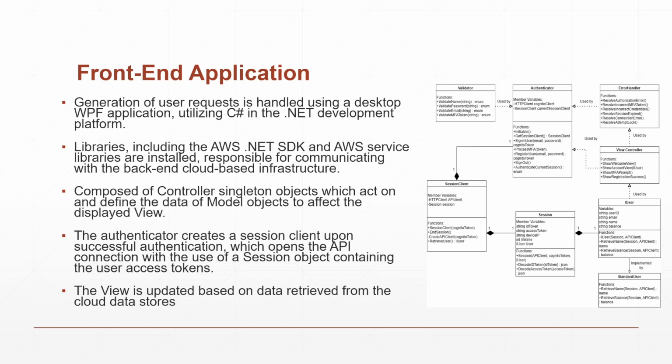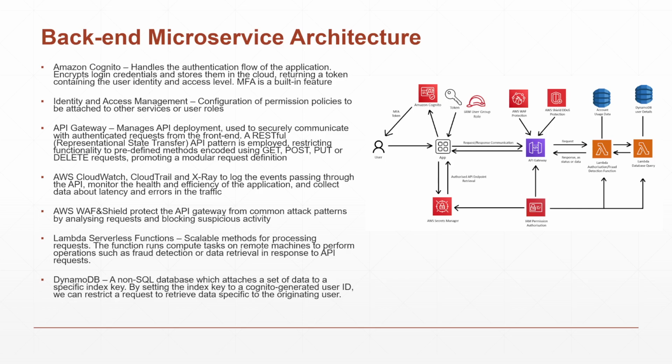And the authenticator creates the session client upon successful authentication, which opens the API connection using the session object containing the user access tokens. And the view of the application is then updated based on the data retrieved from cloud data stores.